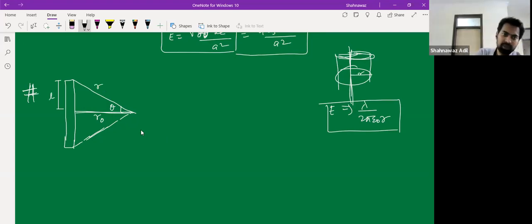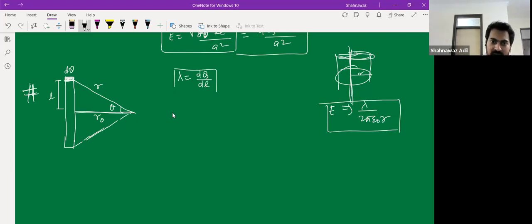Let's consider this small charge. Here this small charge has some linear density, lambda, which is dq by dl.